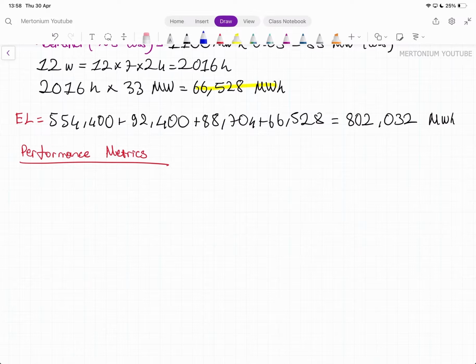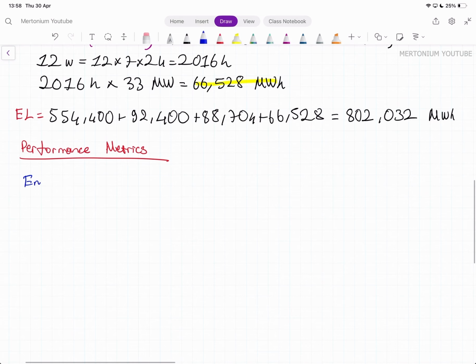So how much energy was actually generated at the end, considering all the losses. So naturally, energy generated, EG, is calculated as the reference energy generation, assuming the power plant worked the whole time continuously for 1 year, minus the energy losses, the total energy loss.